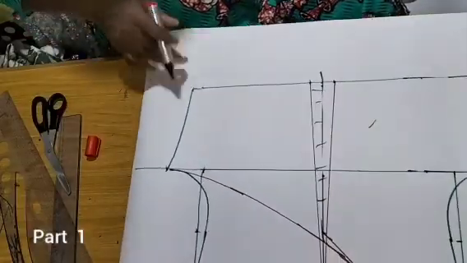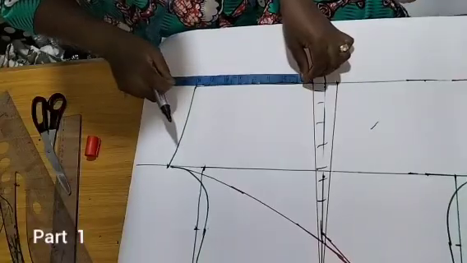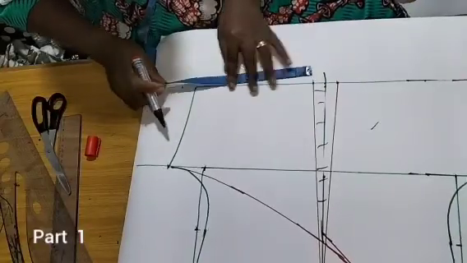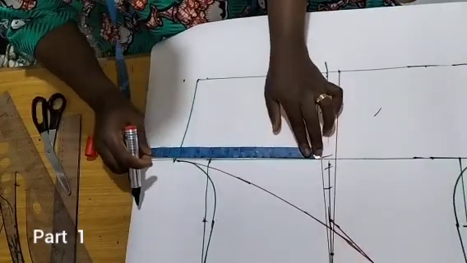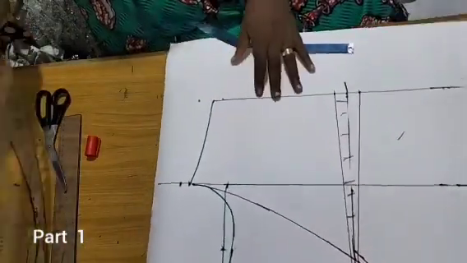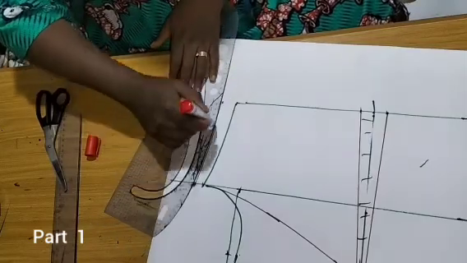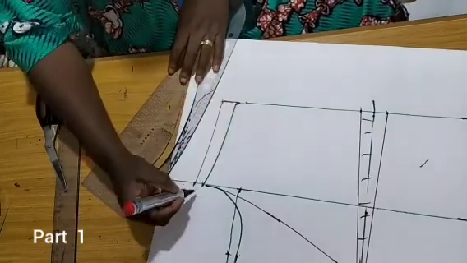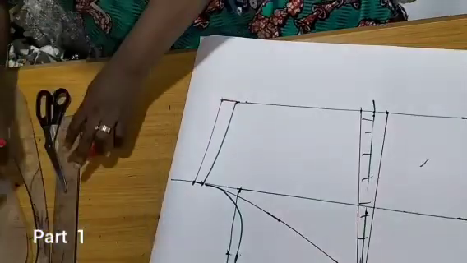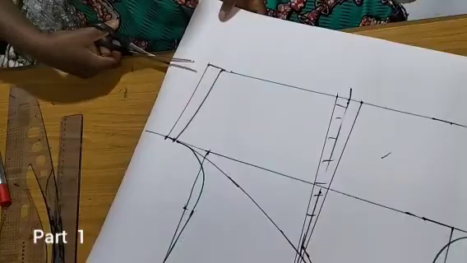I'll come over here and also do the same. Circumference of my waist I'll mark, and circumference of my bust I'll mark. So I'll just go this way, that way. Okay, so that is how it's going to look for this.